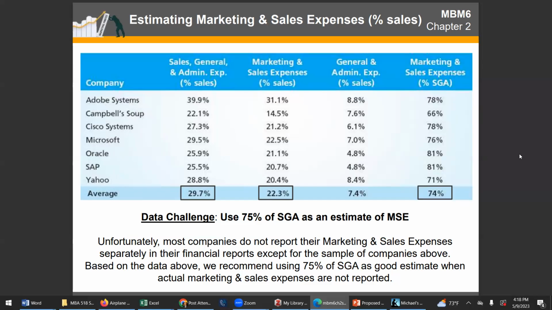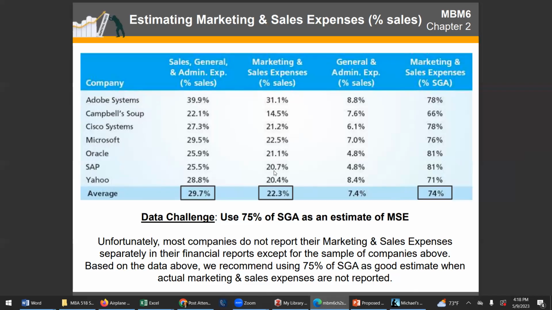SAP, you may have never heard of, but they are a large enterprise resource planning firm out of Germany. And then Adobe, you're probably familiar with Adobe, and the way that you would probably typically know about them would be PDFs, right? Portable document format.